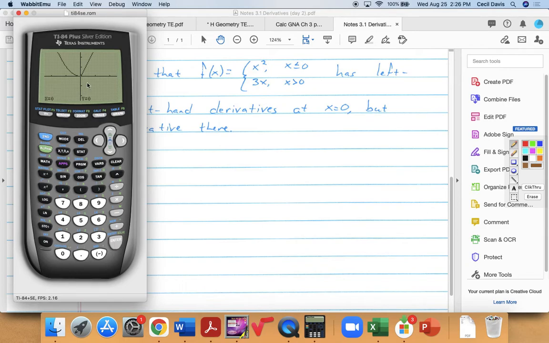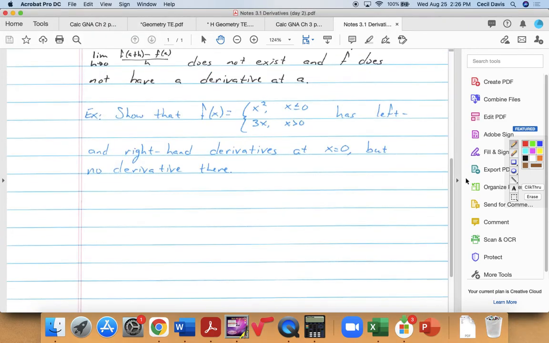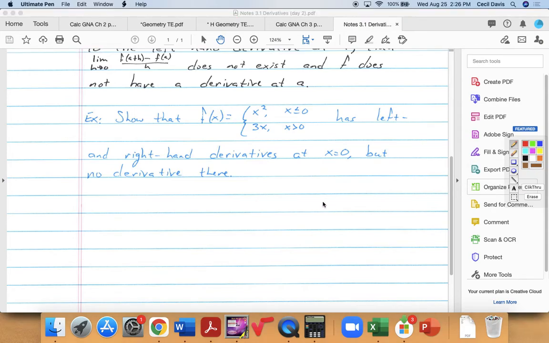Over here, as I'm approaching this point from the right, that looks like a slope of 3. Over here, it's a little bit hard to see, but if you were to blow it up into exactly the right part, it looks kind of like this. It gets flat on bottom.